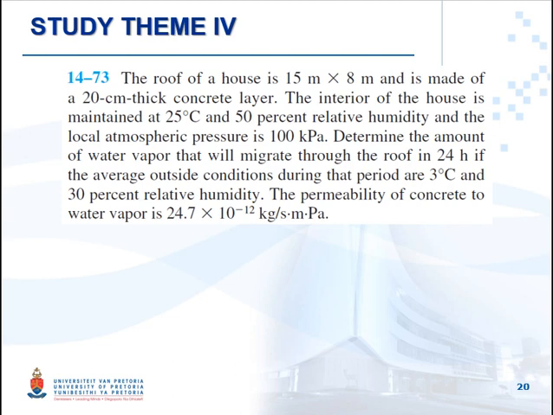The interior of the house is maintained at a given temperature, 50% relative humidity, and local atmospheric pressure is given. It asks to determine the amount of water vapor that will migrate through the roof in 24 hours if the average outside conditions during that period are 3 centigrade and 30% relative humidity, basically during the winter. The permeability of the concrete to water vapor is also given.